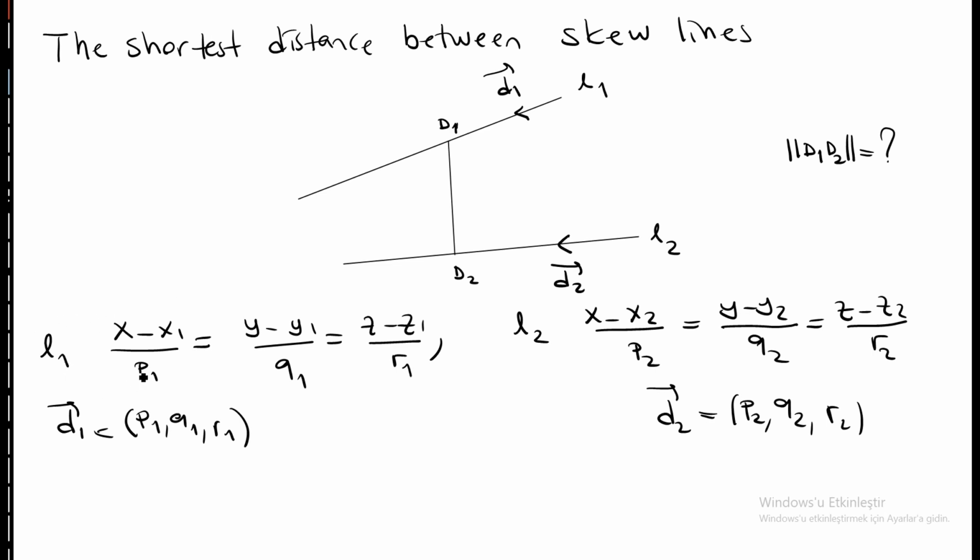So let's say the x1, y1, z1, and x2 is x2, y2, z2. So let me write this a little bit bigger. So let's say this is the point the line is passing from, this one and this one.